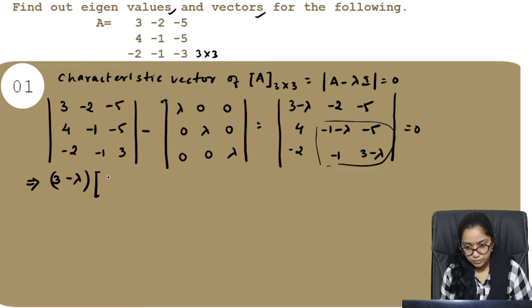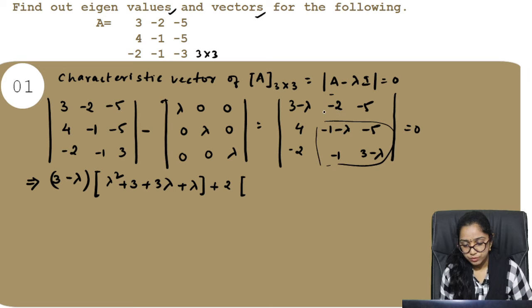The resultant will be λ² + 3λ plus, for the next term, the cofactor will be minus, so minus of minus, plus 2 into the minor matrix 4, −5; −2, 3 − λ.